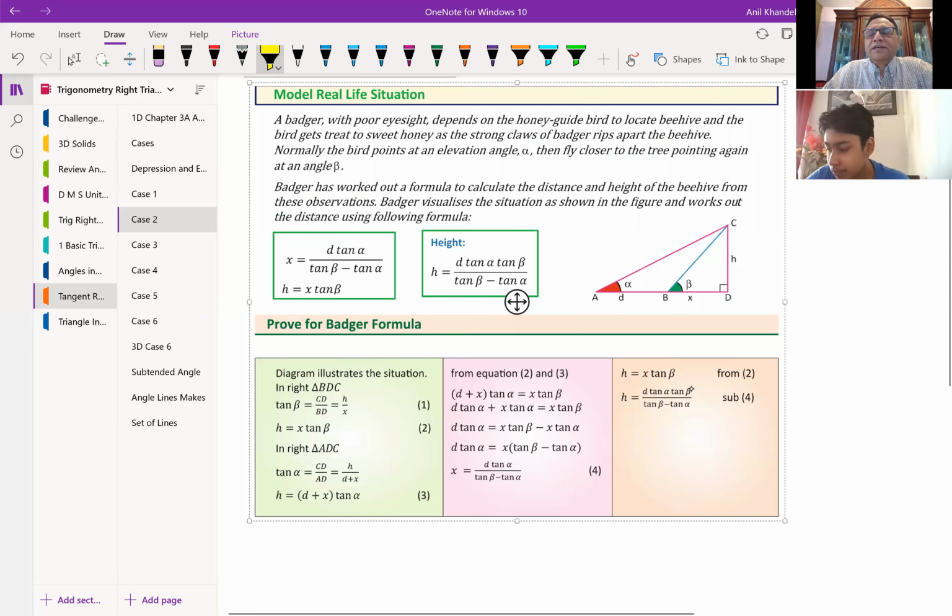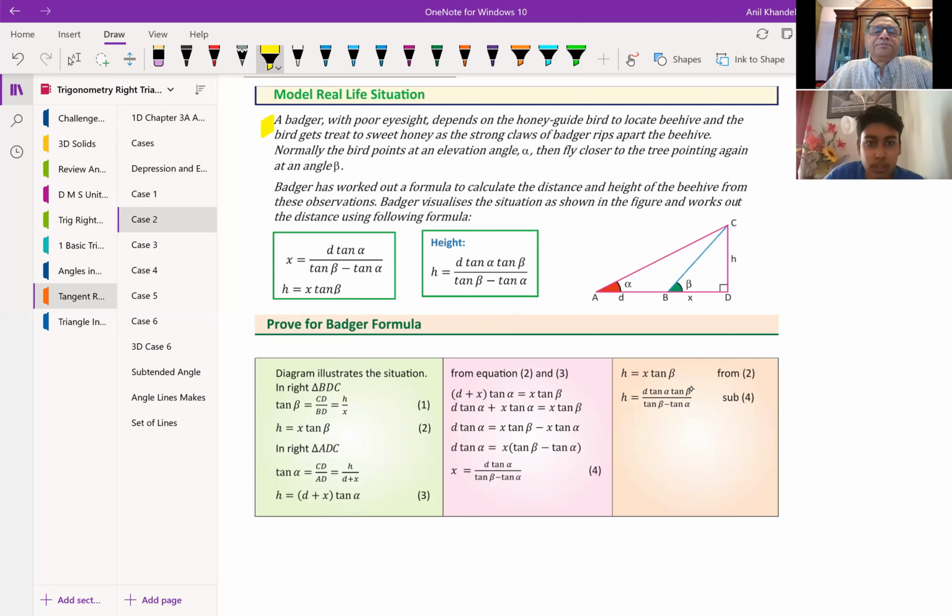Let's take the next case, when we were saying that we cannot walk up to the tree. Can you please read this particular question? A badger with poor eyesight depends on the honey guide bird to locate a beehive, and the bird gets a treat of sweet honey as the strong claws of the badger rip apart the beehive. Normally, the bird points at an elevation angle alpha, then flies closer to the tree, pointing again at angle beta.